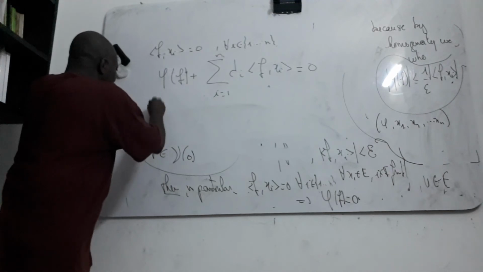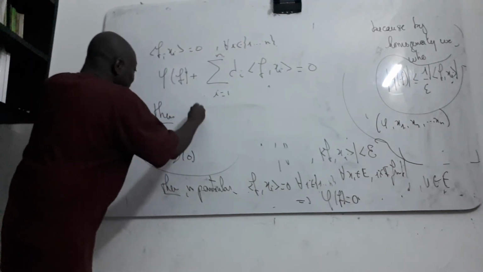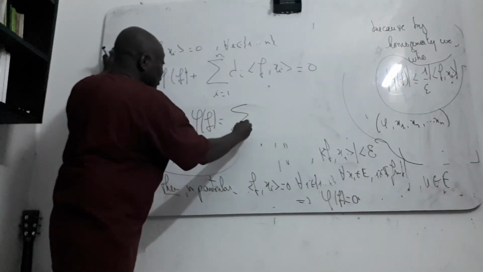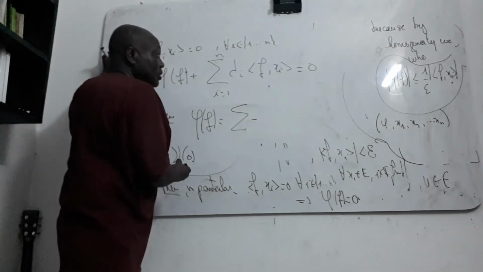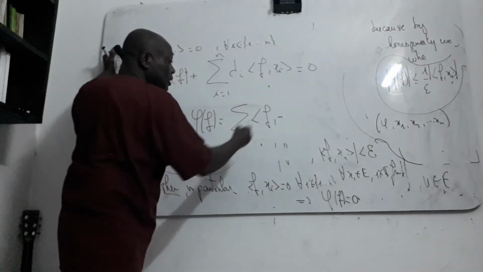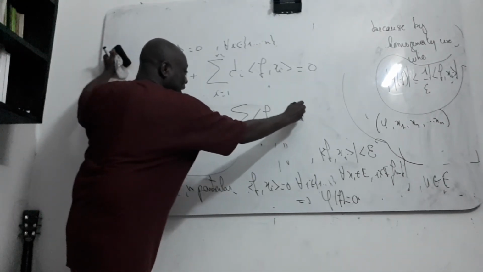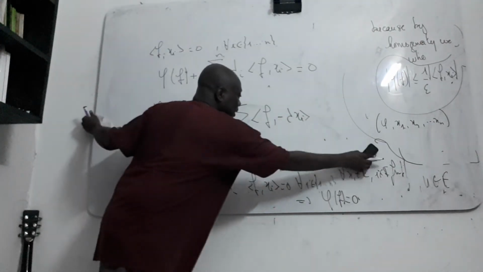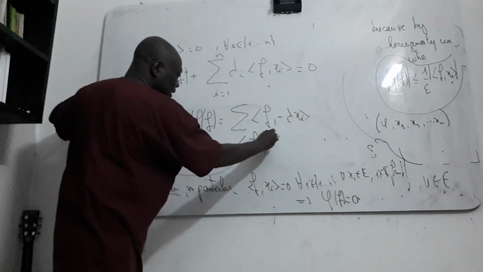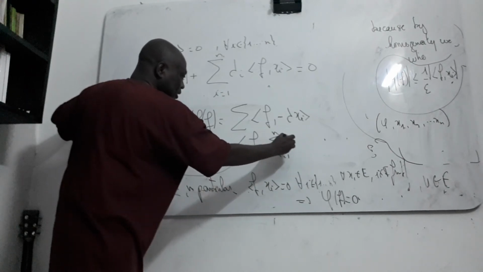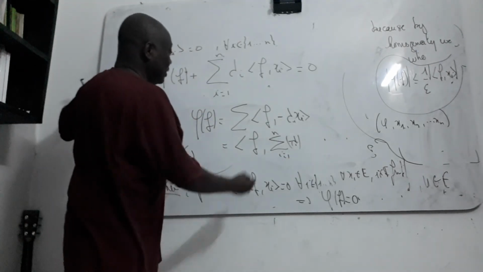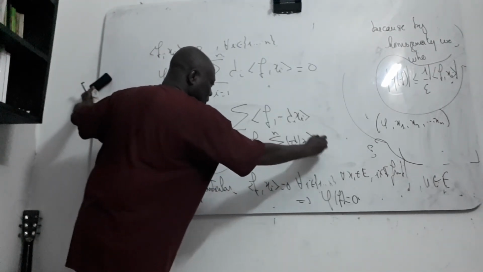Then you have phi of f. We can put it outside. It might be this one minus, if you want, f minus this kind of function, lambda_i s_i, which is equal to the sum from i equals 1 to n of lambda_i, and x_i for this condition.